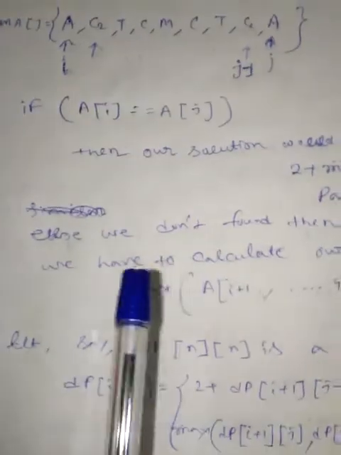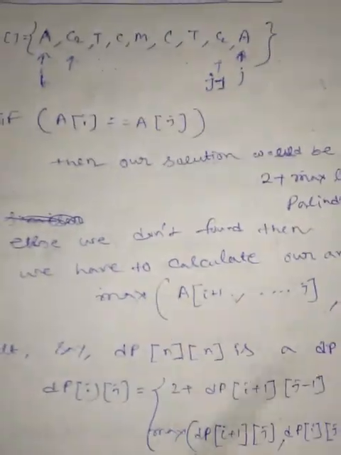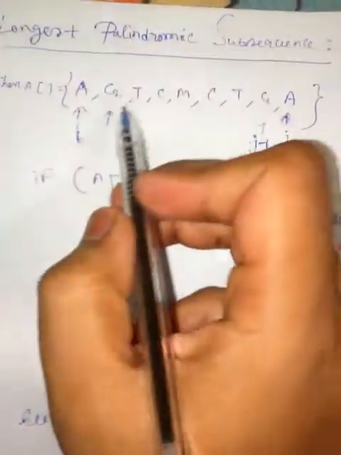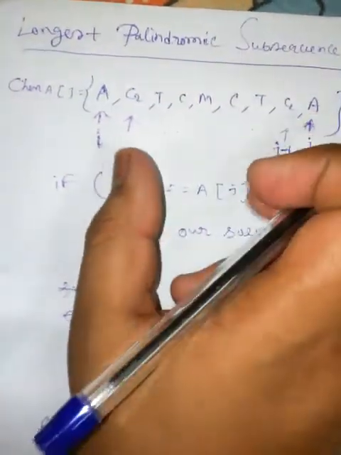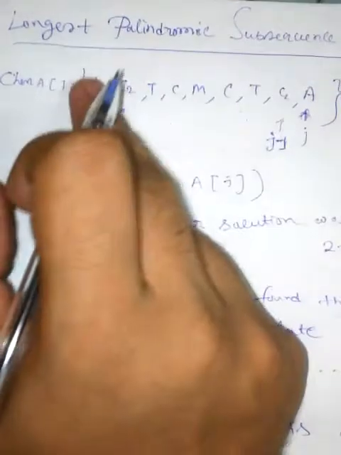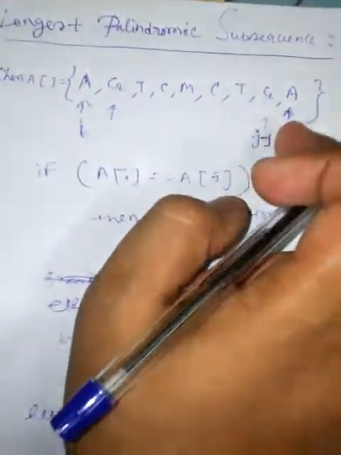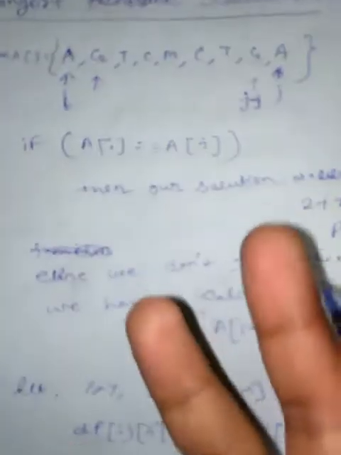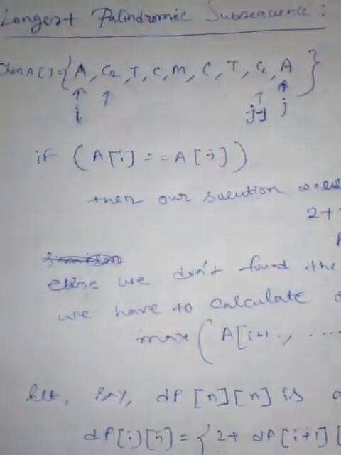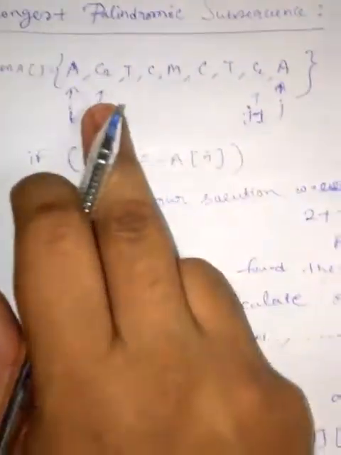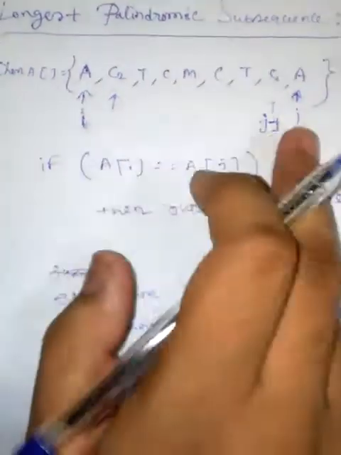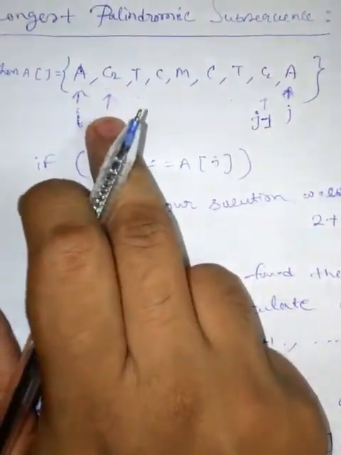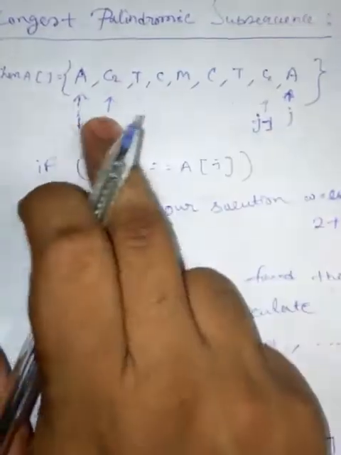Else, if we don't find a match, what can we do? If the ith character and the jth character are mismatched, then how to find the substring? Then you have to calculate the ith position to j minus 1 position, and the i plus 1 position to the jth position.